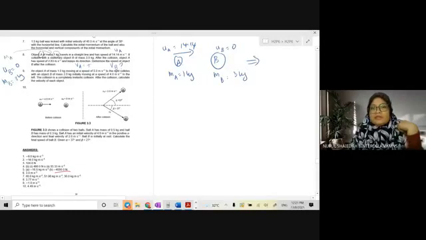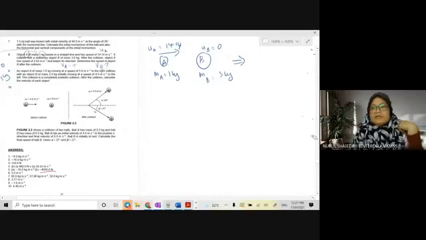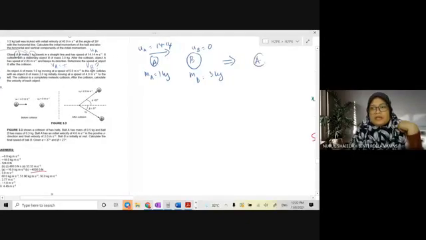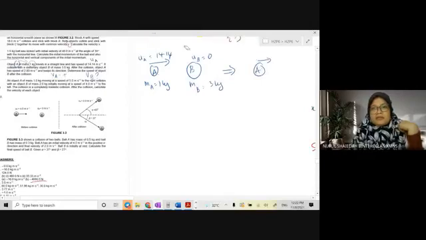Okay, after the collision, what happened? A still moving in the keep the direction. Maksudnya dia boleh bergerak jugalah. So A dia akan bergerak ke arah sana lah. Arah yang sama tapi berapa dia bagi? Dia bagi VA adalah 2.83. VA is 2.83 sebab dia kata keep its direction.